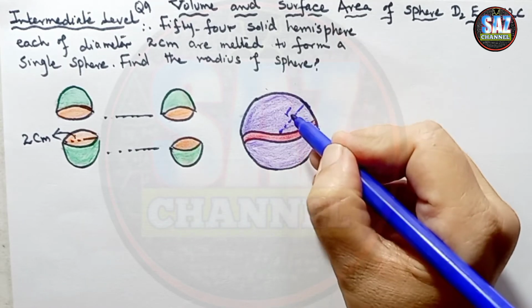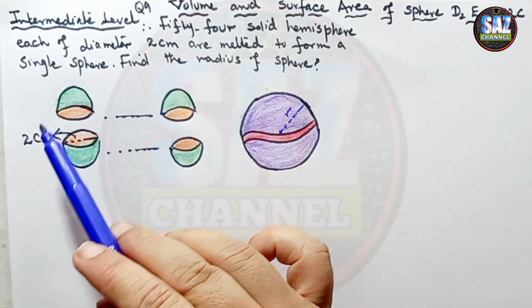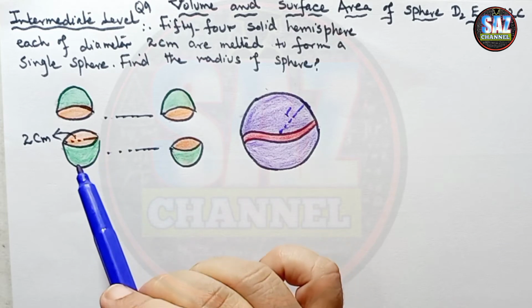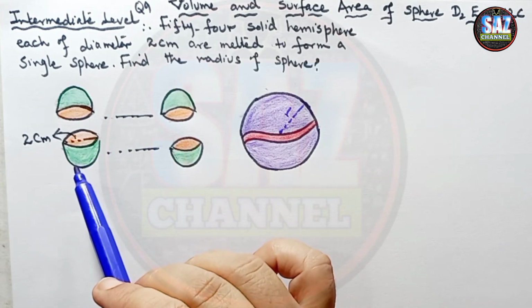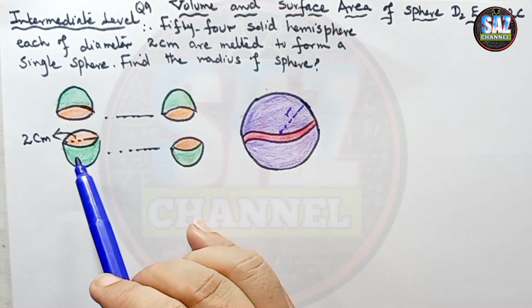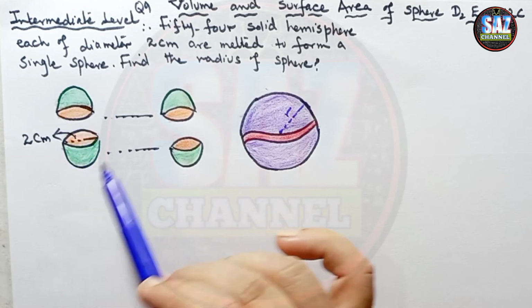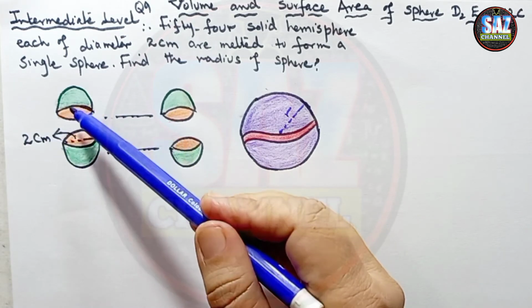Okay, now what we have to do is understand this question. Either we can use the concept of volume of one hemisphere, and total hemispheres in the question are 54, we can multiply that answer by 54 to get the volume of total 54 hemispheres. Or what else we can do is, if I'm drawing the diagram in pairs, all the hemispheres are identical.